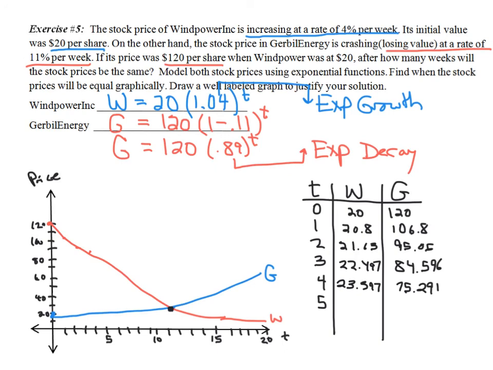Let me go back and fix that. Okay, now I've corrected it. The blue line is the Wind Power Inc. and the red line is the gerbil energy. Now I can see that these two lines definitely cross right about here on my graph.